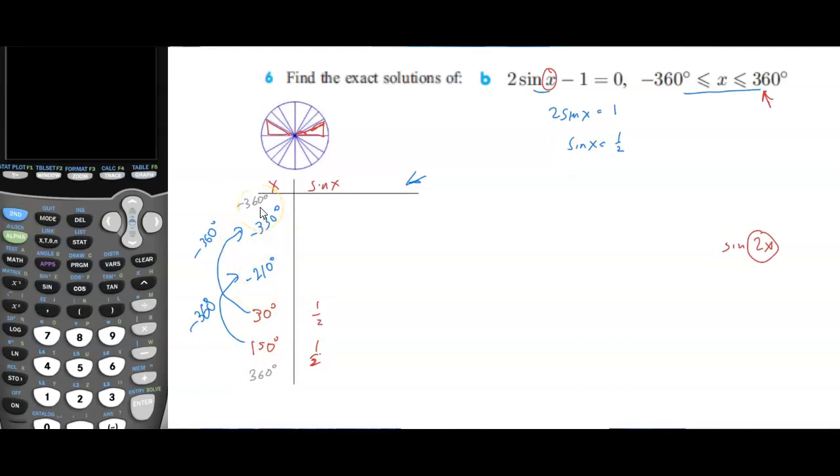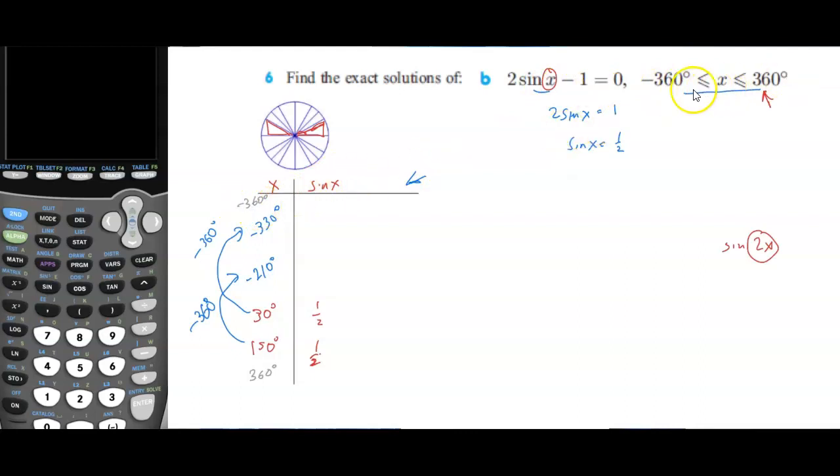And in the next section, we're going to look at equations where instead of just x here in the middle, you're going to have a transformed argument to sine, like, for example, 3x or x plus pi over 2 or something like that. So you're going to have a transformed input to sine. That complicates what the boundaries are, right?